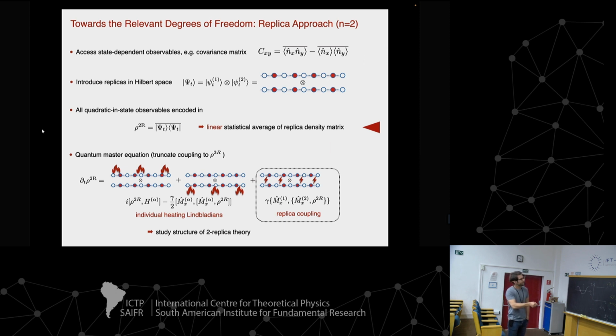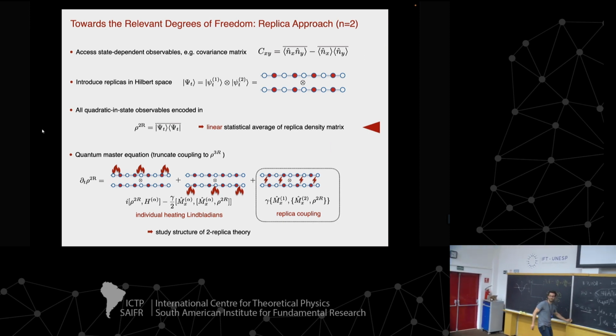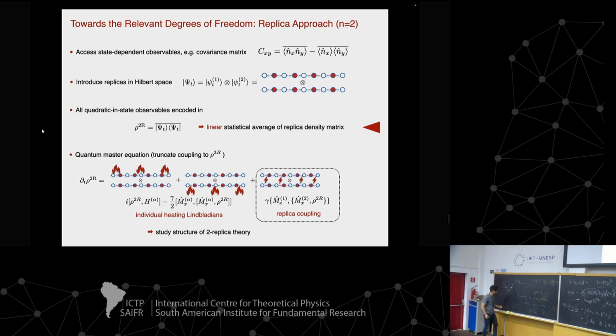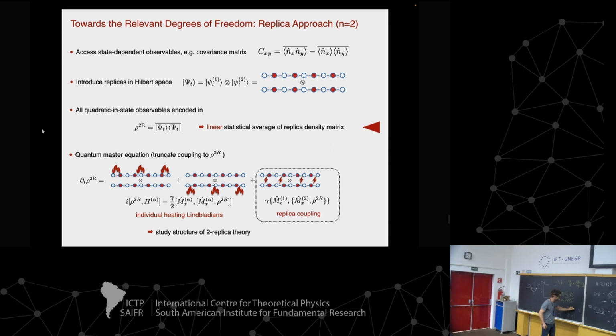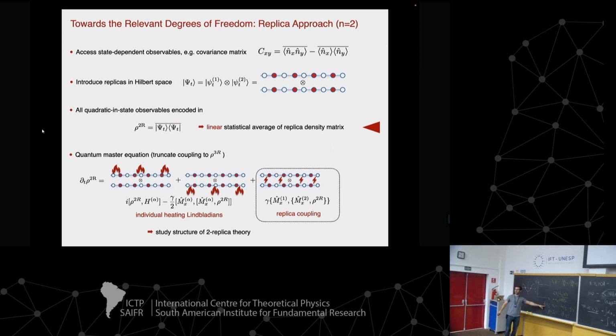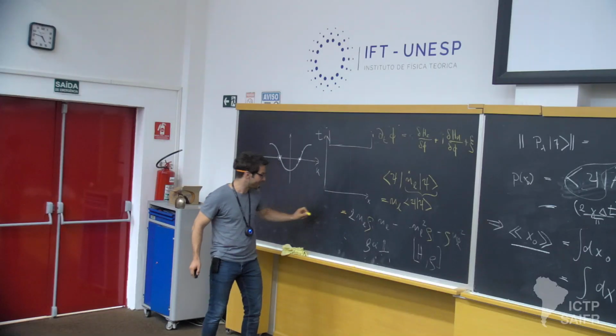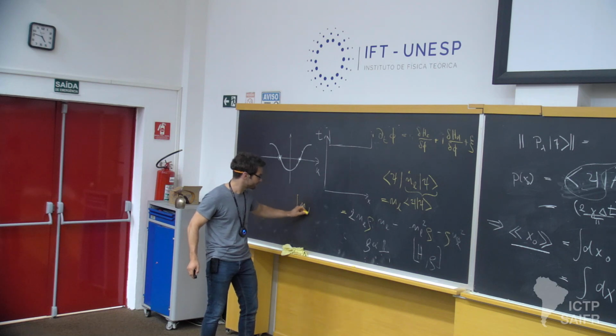You can see that it basically looks very much like this heating Lindbladian. This double commutator structure is maybe not so easy to recognize, but in the moment that we have Hermitian Lindblad operators, you can rewrite this as a double commutator.